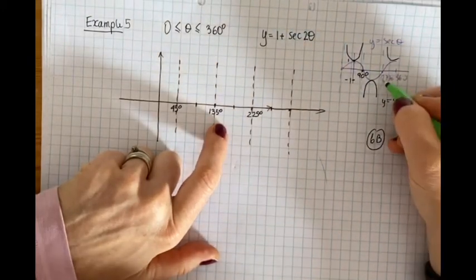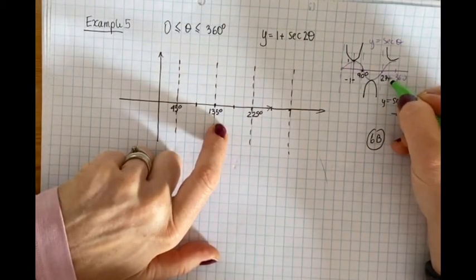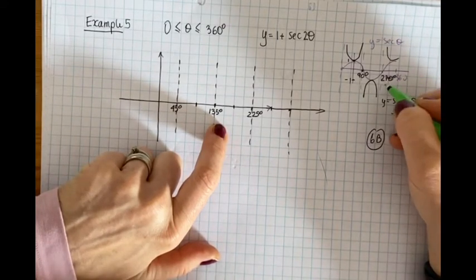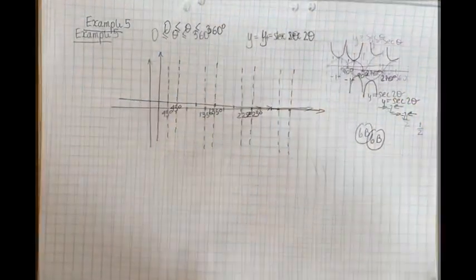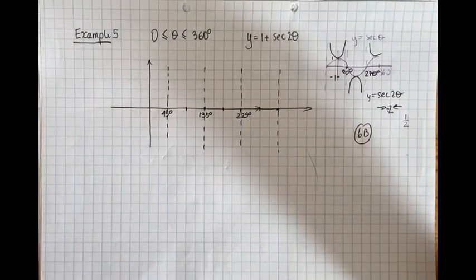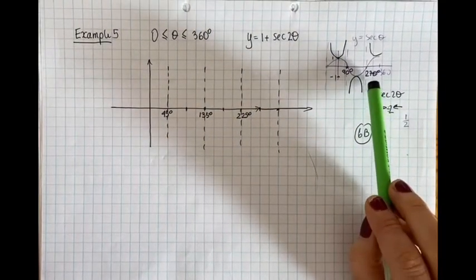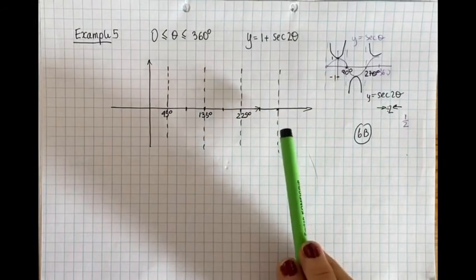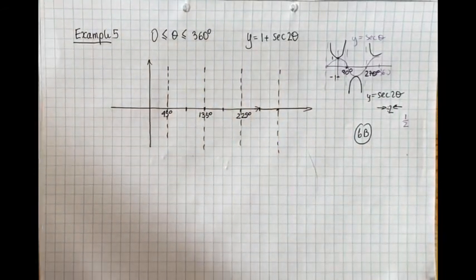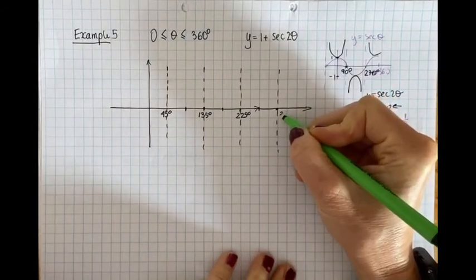And the next asymptote would have been 360 further along from 270, so it's going to be 315.